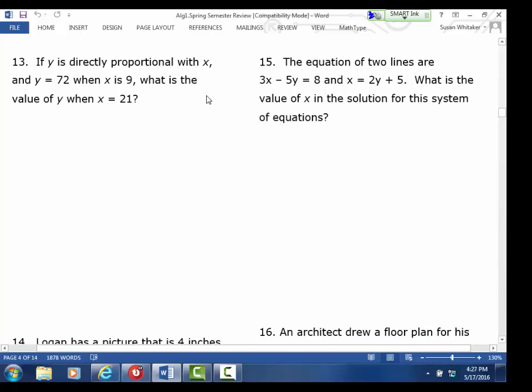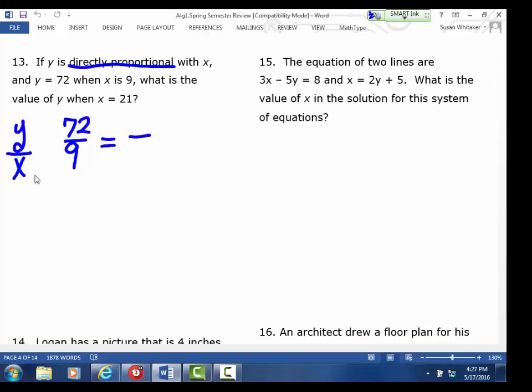So question 13, if y is directly proportional with x and y equals 72 when x is 9, what is the value of y when x equals 21? All right, so directly proportional, I know a proportion would be like y over x, so 72 over 9, because when x is 9, y is 72, and if they're proportional, it's going to be equal to another y over x.